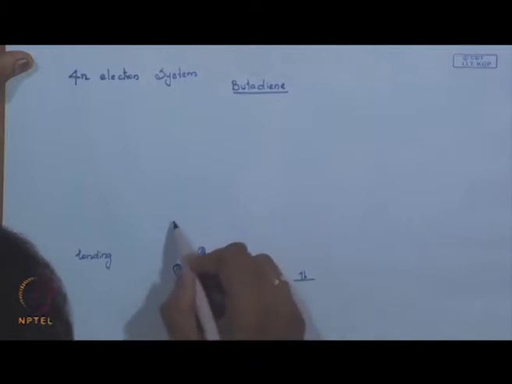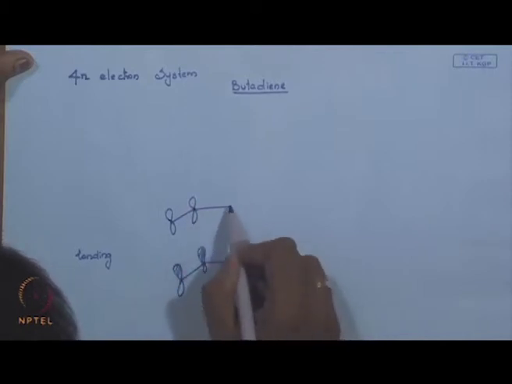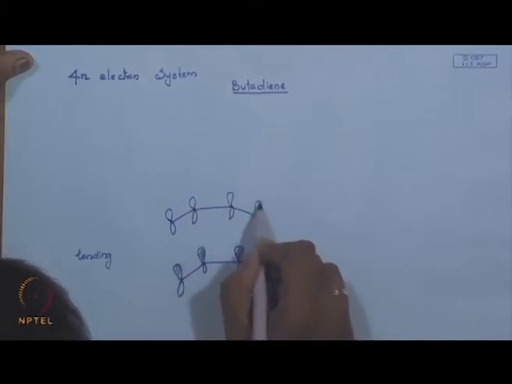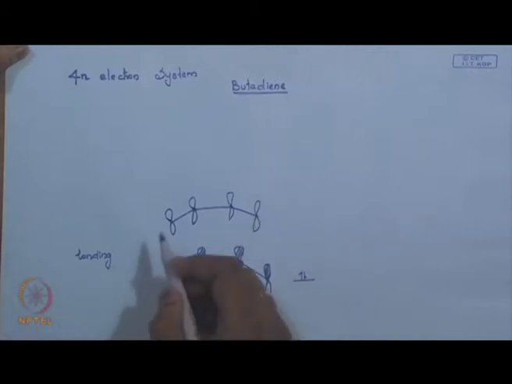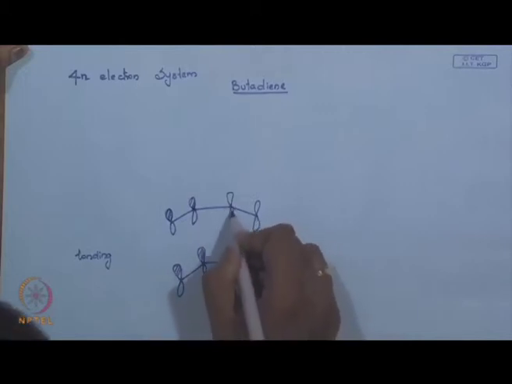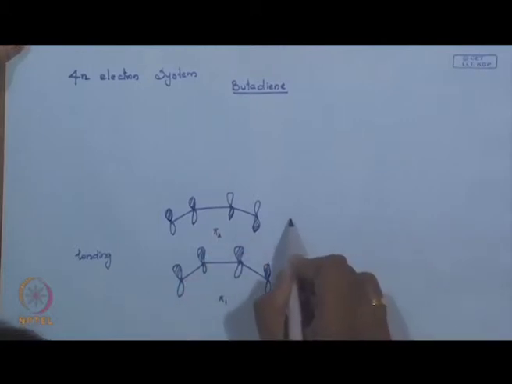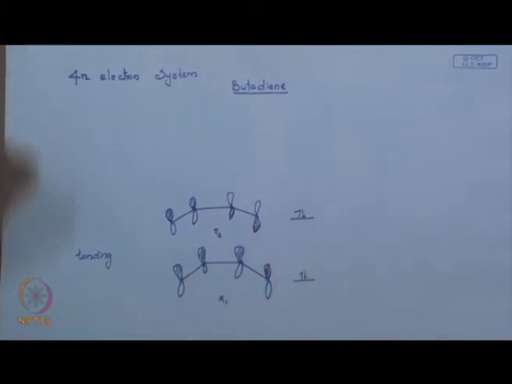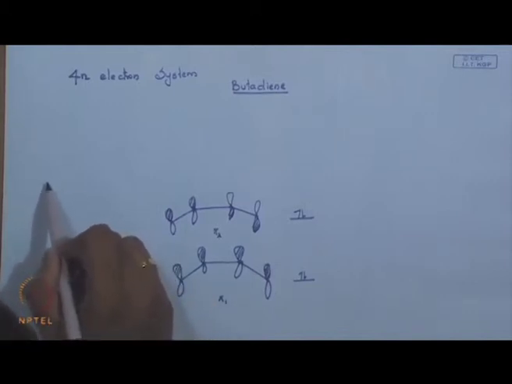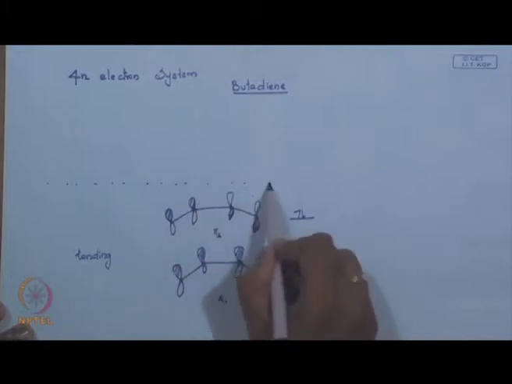Then you can have one more, pi 2. Again, you have your bonding thing, you know that.